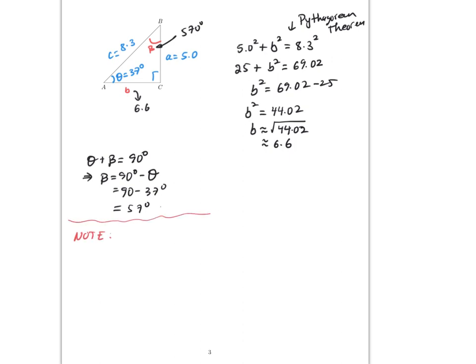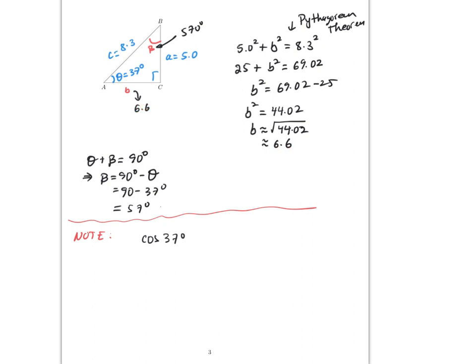Let's say from the very start you want to find the sine of theta or cosine of theta. So you want to find cosine of 37 degrees. At that point, we didn't know what B was. Let's say you wanted to find this without using the Pythagorean theorem, which is probably the easiest way.